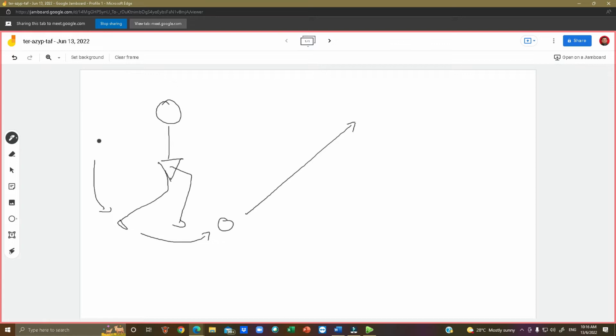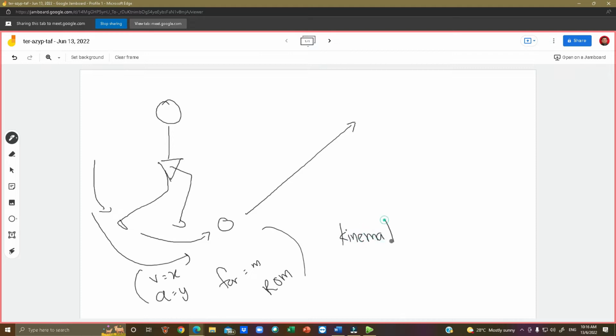Kaki dia hayun ke belakang, kaki dia hayun ke depan. How fast, okay? How fast this movement occurs, the velocity of this movement, how fast the acceleration of this movement, and then how far in terms of meter, okay, ataupun range of motion. All of these things that we can observe regarding the execution of a ball being kicked is known as kinematics, ataupun pattern of the action.